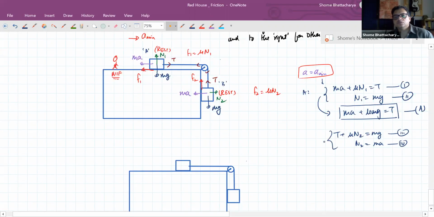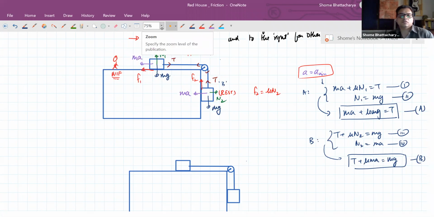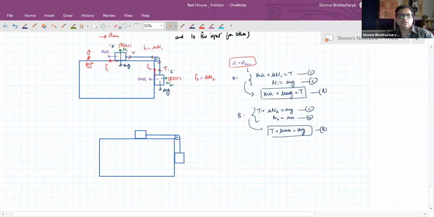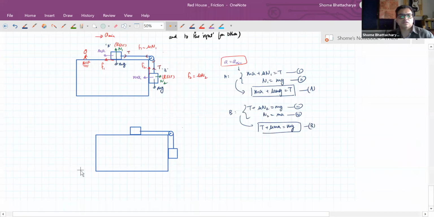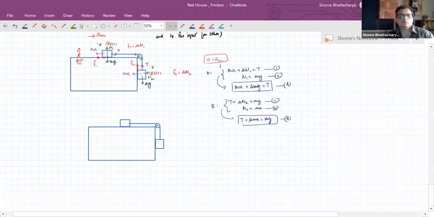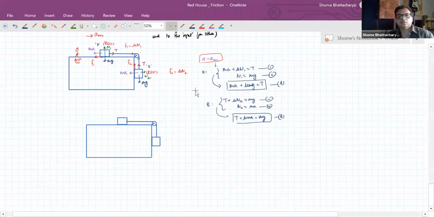So solving these two, we'll get one independent equation that T plus mu Ma is equal to Mg. So this is equation B. Okay. Now we will solve equation A and B together to get the value of acceleration, and that will give us the minimum acceleration condition. Okay. We'll need this later.